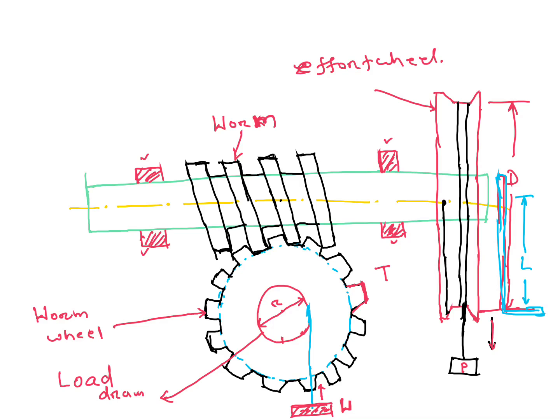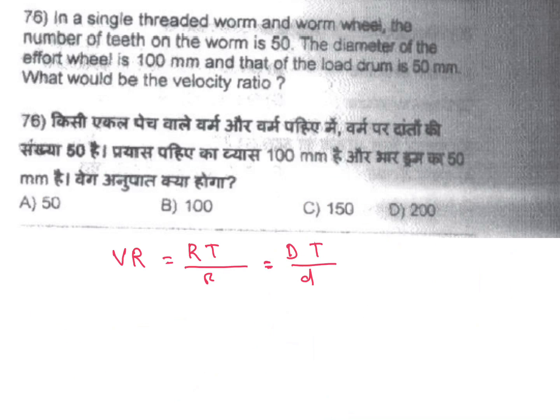In that case, your velocity ratio will be L into number of teeth divided by load drum radius, small r.